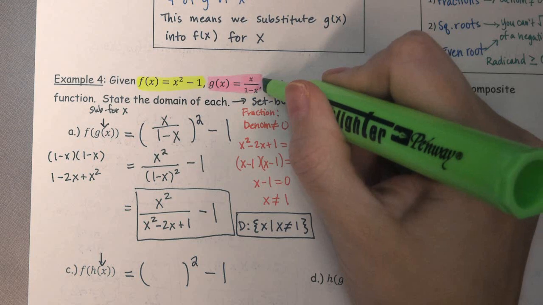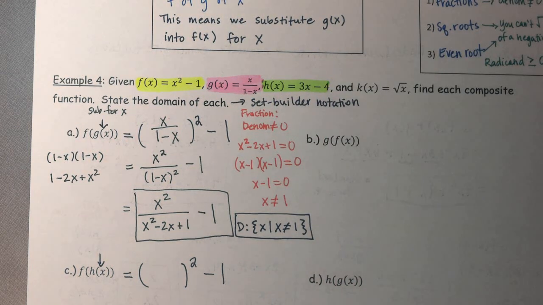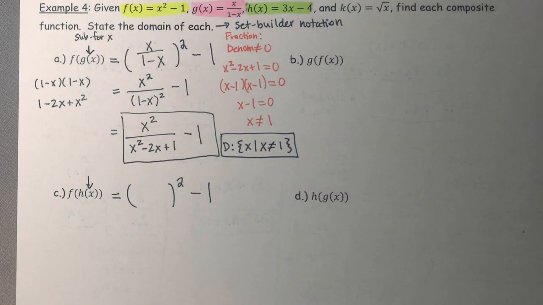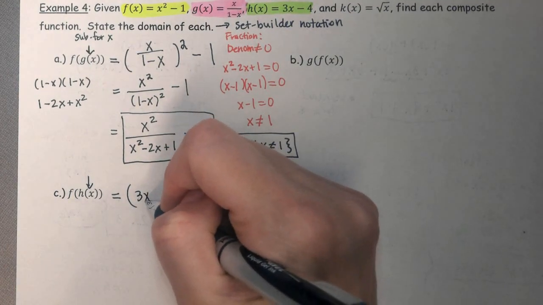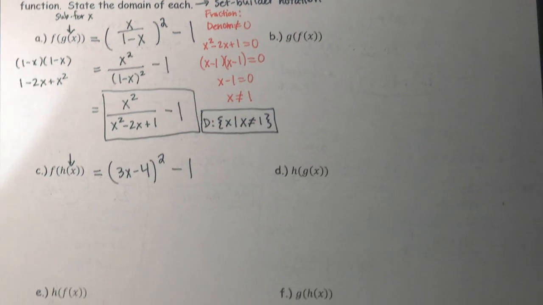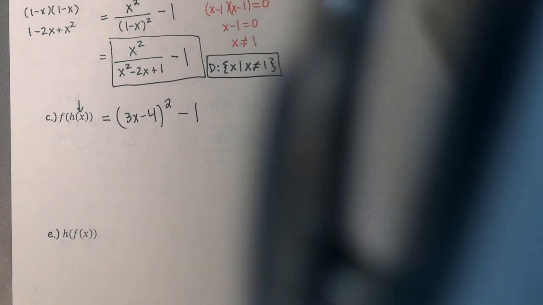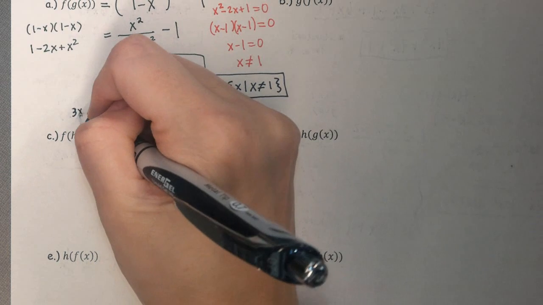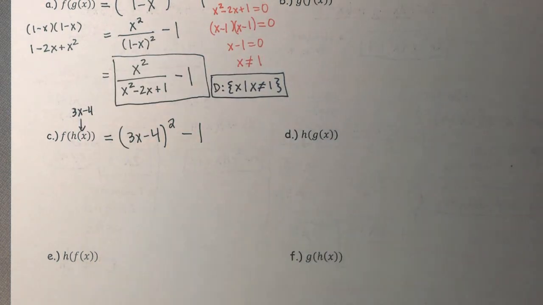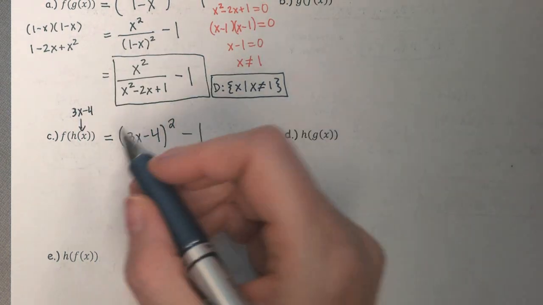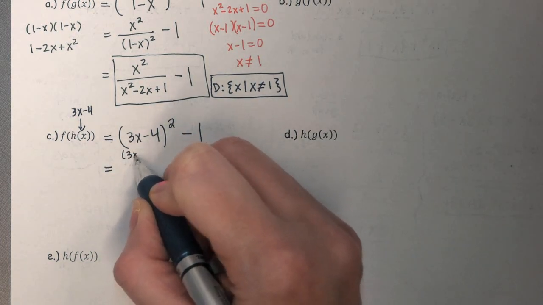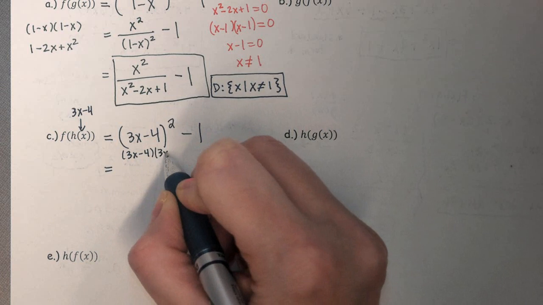Okay, so your 3x minus 4. Now could we simplify that part? So 3x minus 4 times 3x minus 4.